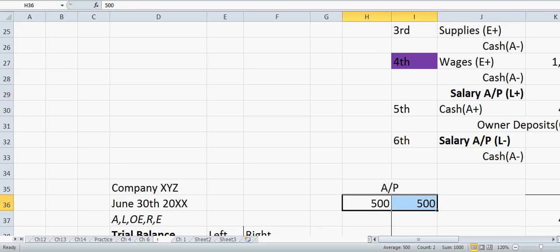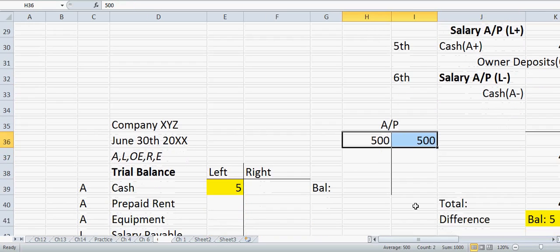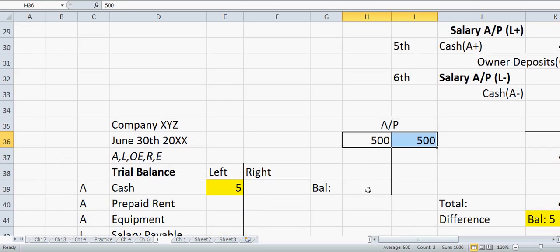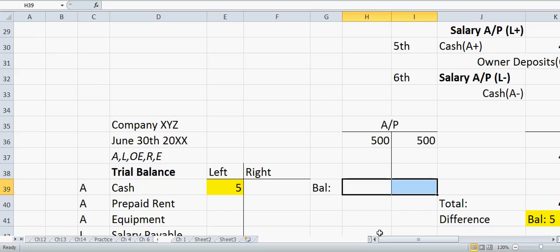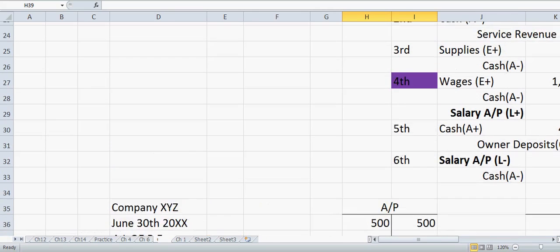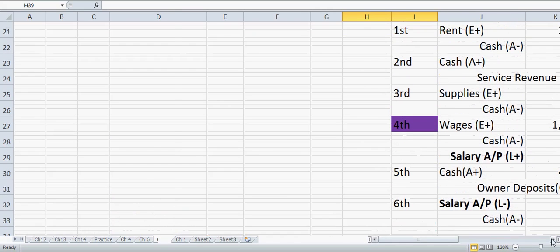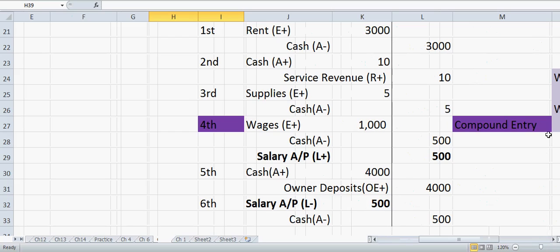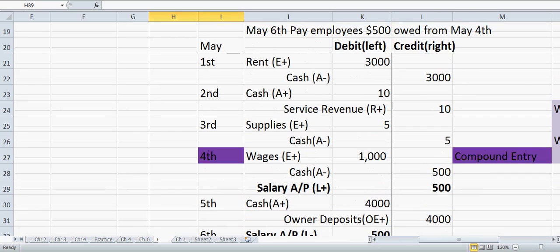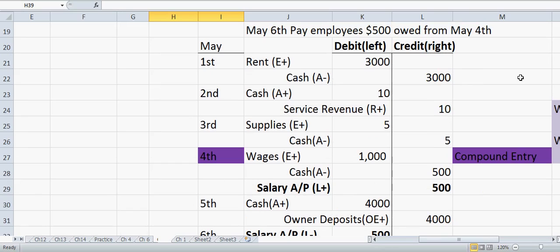So for my T account now, I want to find the balance, the total difference for the two sides. So it's going to be 0. We sum up each side and find the difference. So go ahead and pause the video and do the rest of the T accounts, and when we come back we'll go over the cash T account. Okay, let's go ahead and try it by yourself first. Go ahead and pause.